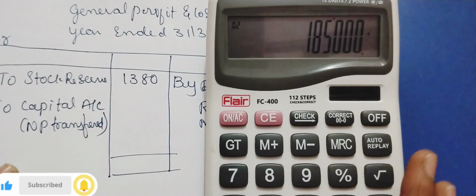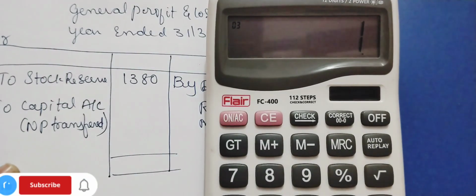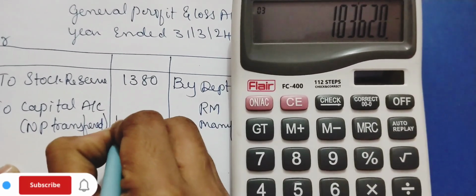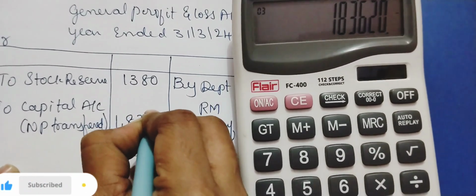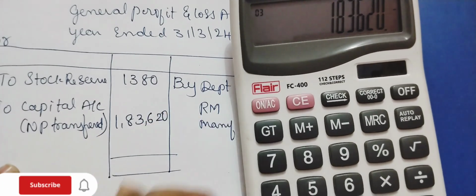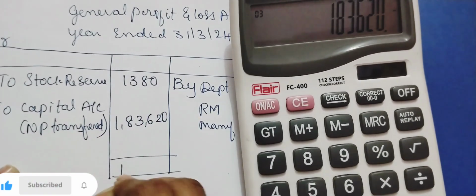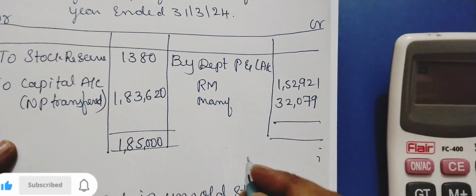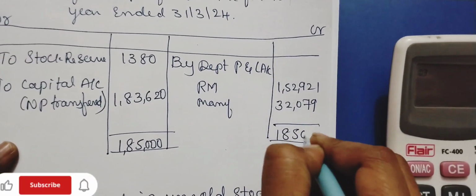That is 1,85,000 minus 1,380, which is 1,83,620.